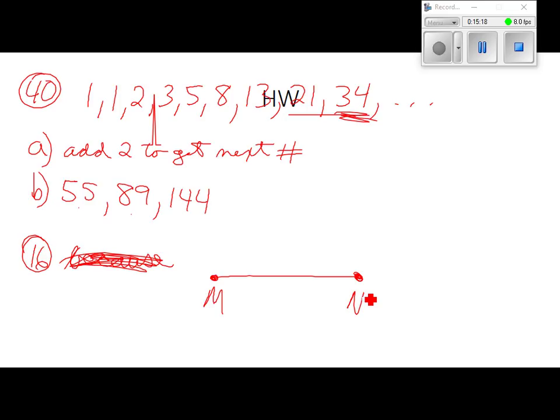Where am I going to draw line S to show a counterexample? Am I going to put it right here? You want to put it somewhere where it doesn't split it into two congruent segments, right? So, would that work? Yeah.